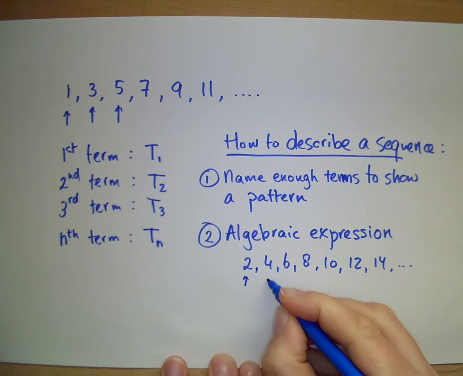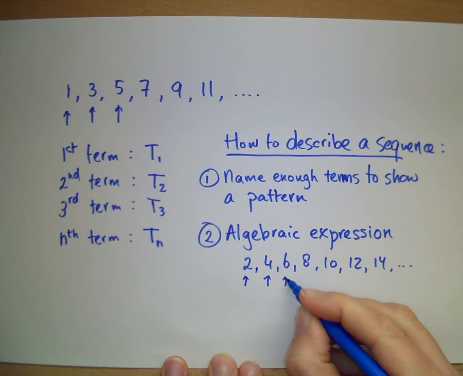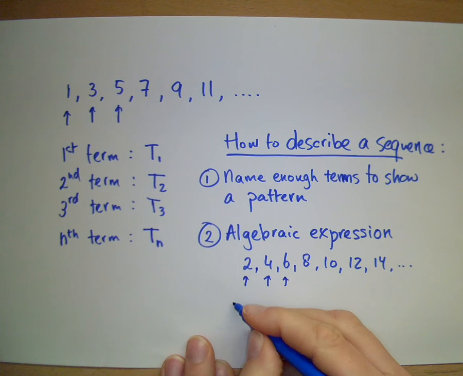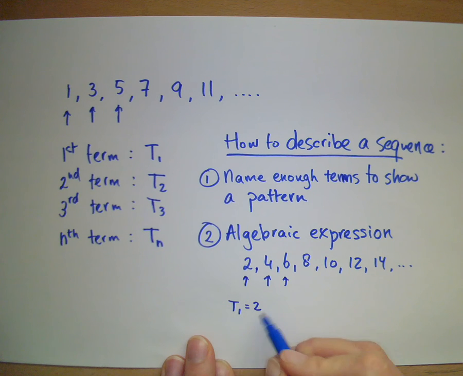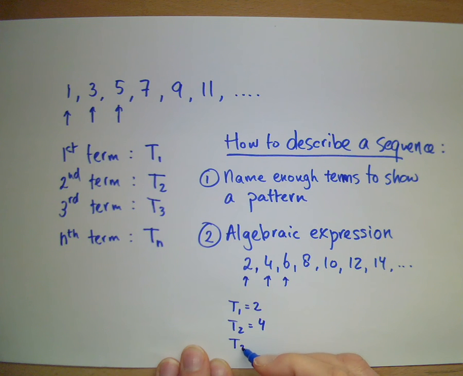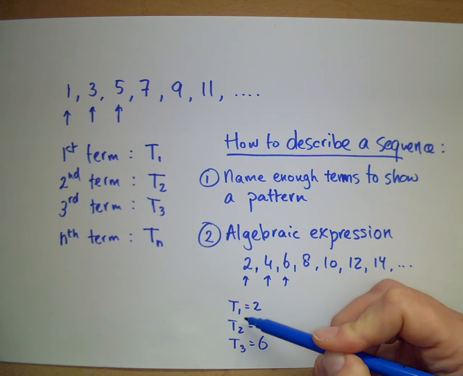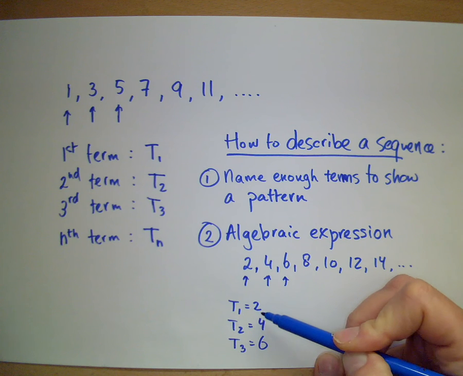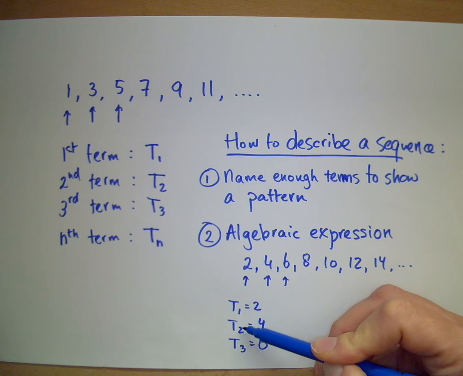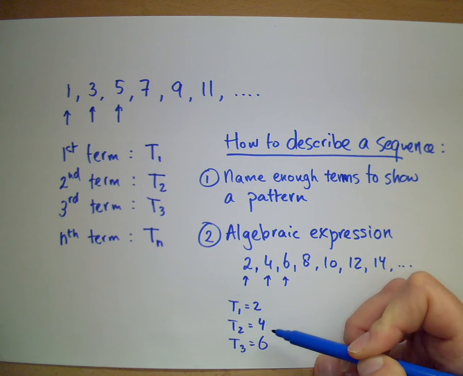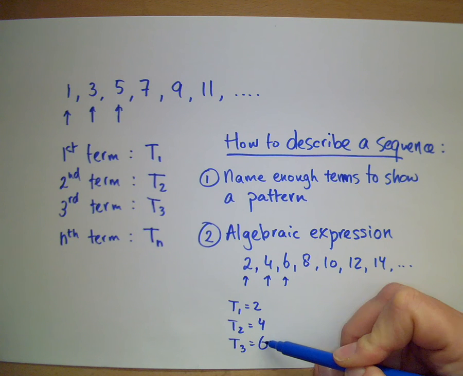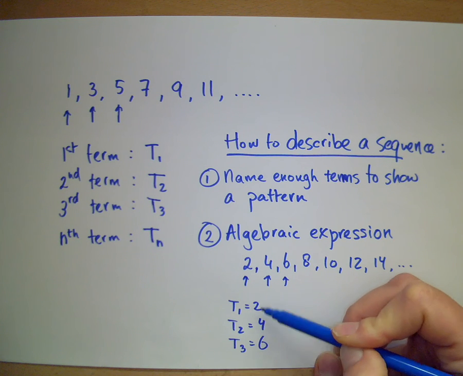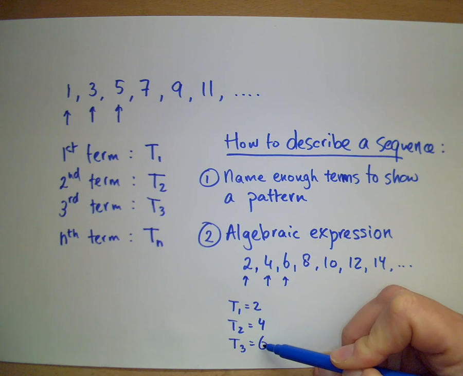Look at the terms. The first term, T1, is 2. The second term is 4. The third term is 6. Now look what happens here. When the number of the term is 1, its value is 2. When the number of the term is 2, its value is 4. And you see what happens here. Its value is always twice its number.